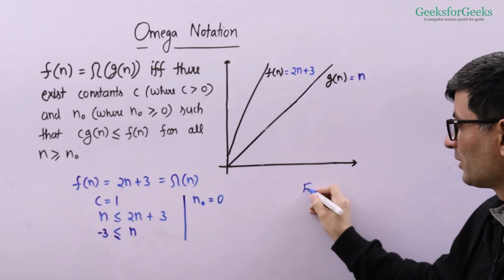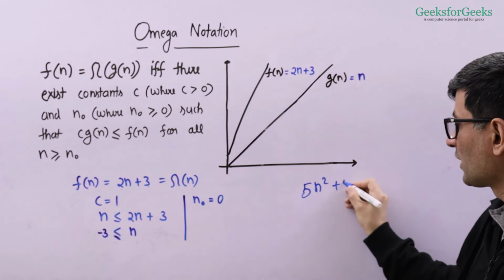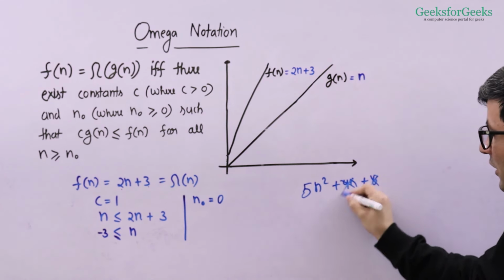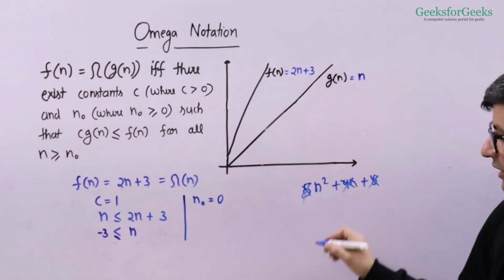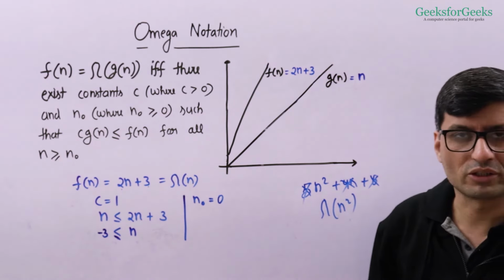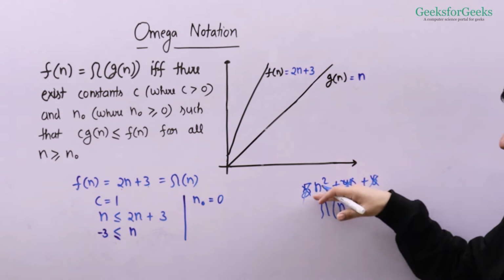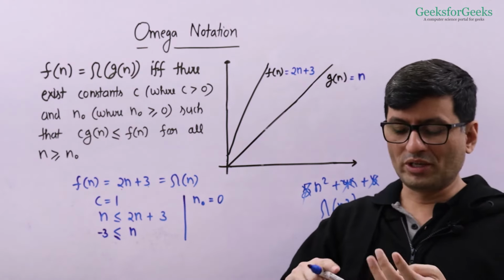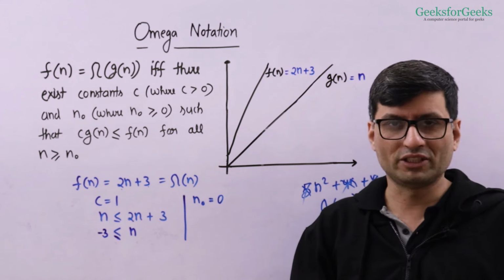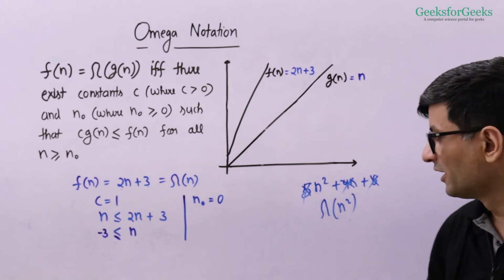Let's take some more examples. For example, if you have 5n square plus 4n plus 6, you can simply ignore the lower order terms, ignore the constant of the highest growing term, and you can say it's big omega of n square. See, the order of growth is n square for this expression. You can either use big O, omega, or theta when you know the exact order of growth, right?